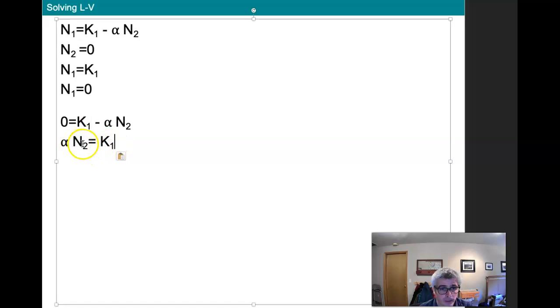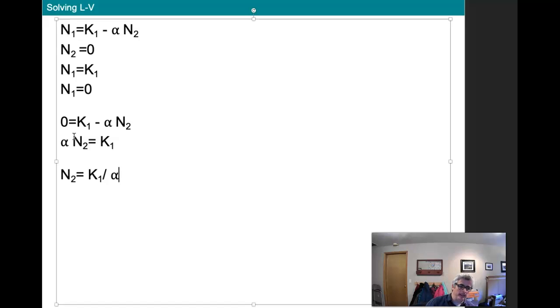And we're trying to solve for N2, so we're going to divide by alpha on both sides. All we're doing here is solving for N2 to get both our X and Y intercepts.